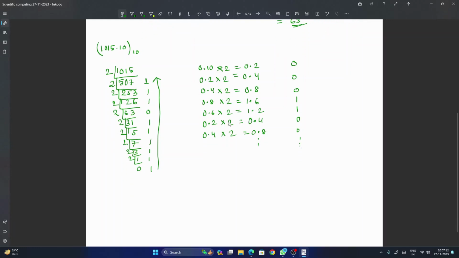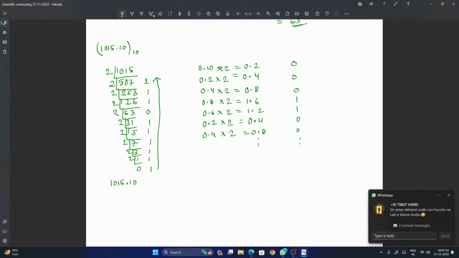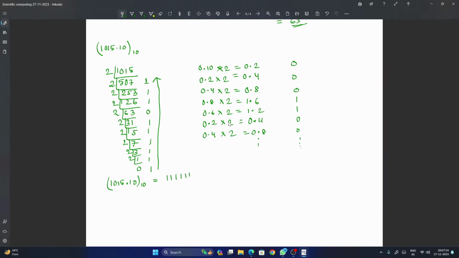So that means your 1015.10 in binary is equal to 1111110111.0001100, and this way it will continue.